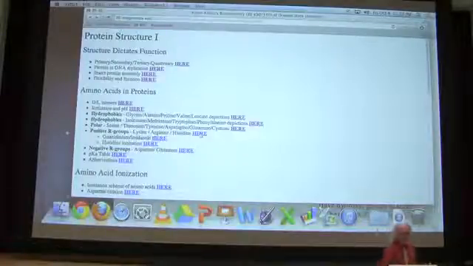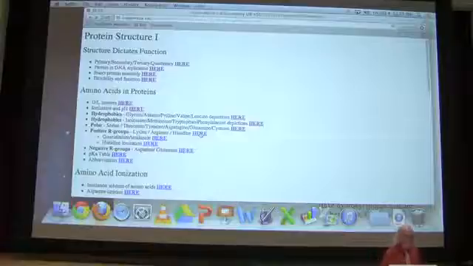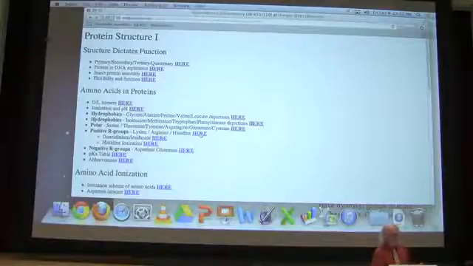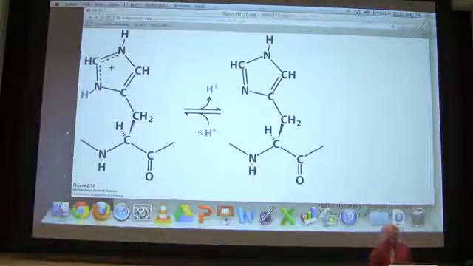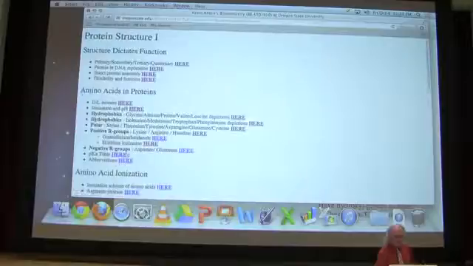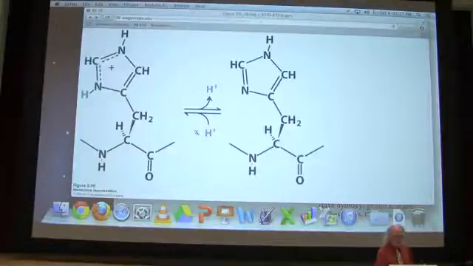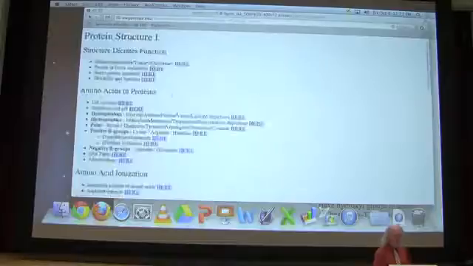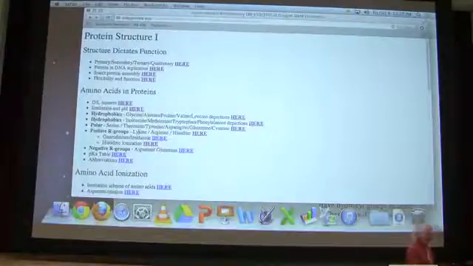The last two groups of amino acids all can ionize. The first of those are those that have ionizable amine groups. They are lysine, arginine, and histidine.